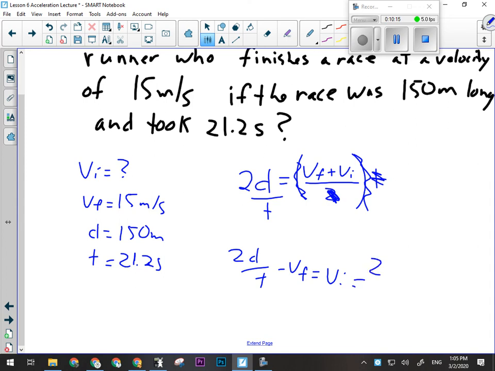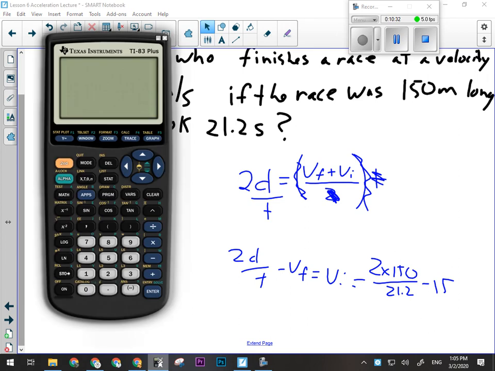So that'll be 2 times 150 meters divided by the time, which was 21.2 seconds, and then subtract our 15 meters per second. So 300 divided by 21.2, and then subtract 15.